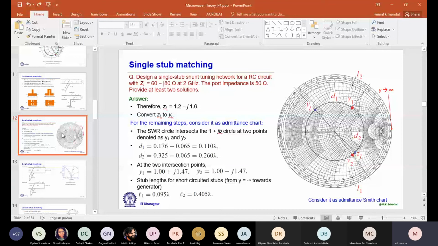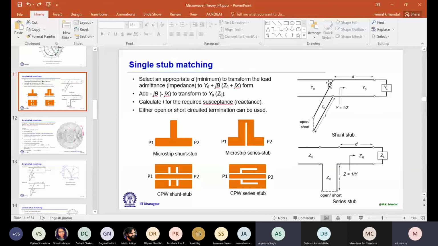Expression for gamma. You said Z in minus Z naught. Should it not be ZL minus Z naught by ZL plus Z naught, like the expression for mod gamma that you said? Yeah, you are right. So what is ZL in this case? If I consider at this point, at the stub plane, I am looking right here on this plane.